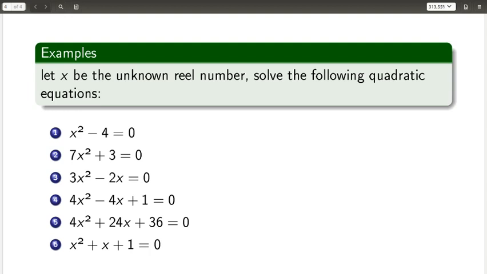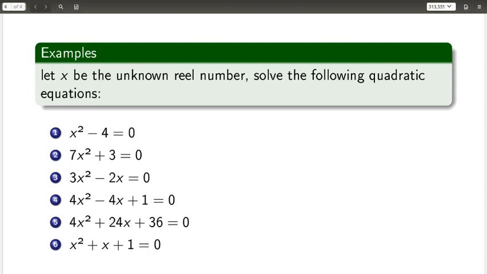This equation is very easy to solve. We don't really need to use the proposition. We just remark that the expression x squared minus 4 is the third remarkable identity. So we can write x squared minus 4 in the form of x minus 2 times x plus 2.